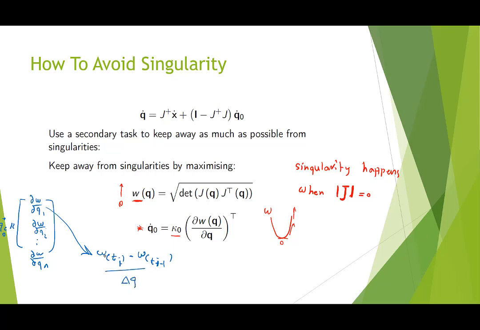This would be the gradient of W with respect to q. Put them in a vector, then set them as the q dot 0 when you're using inverse kinematics. This will move the robot to the desired position while playing with the self motion of the robot, which has no effect on the robot end effector, to avoid singular positions.